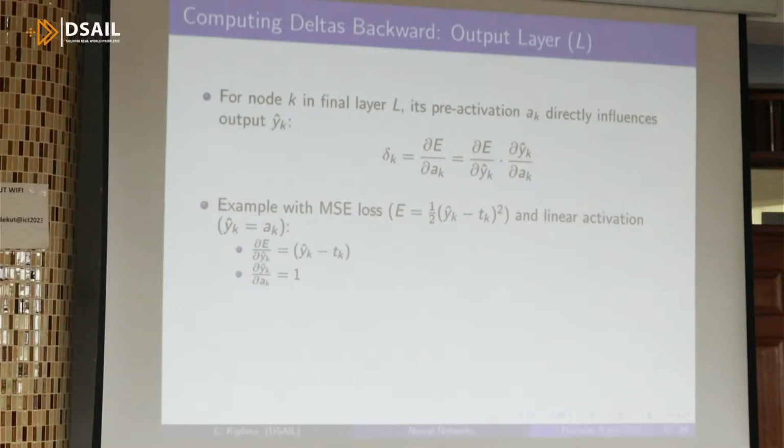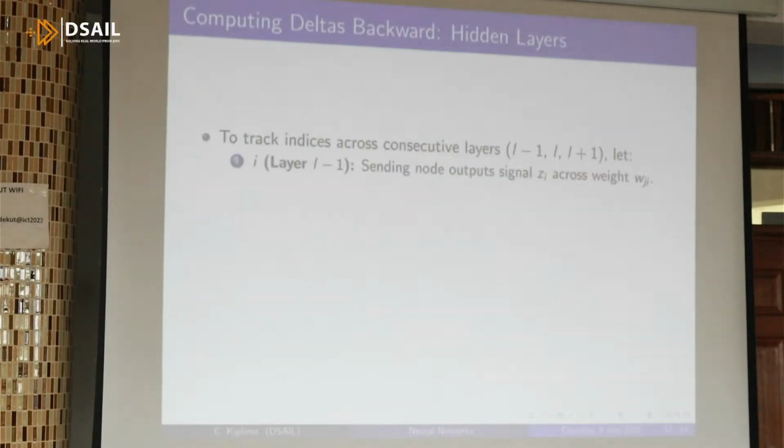So yk equals ak, and so dyk/dak is 1. It's like saying dyk/dyk. It's the same thing. So we multiply those two. In this case, the local error at the output neuron is yk minus tk, which is literally the error at the neuron. That's it.